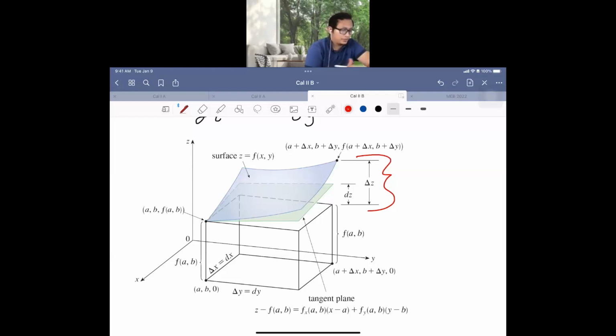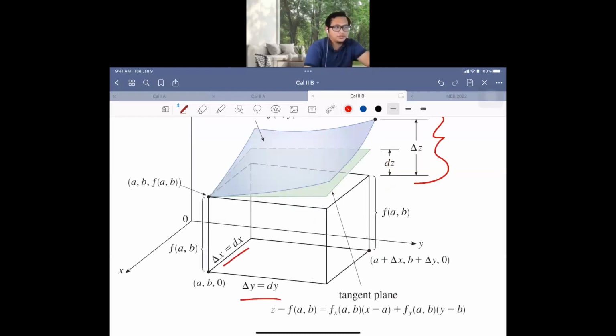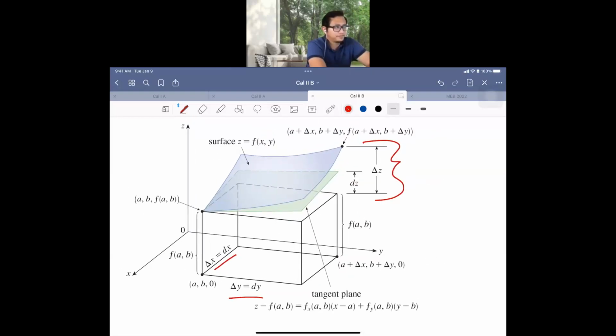If you look at it from the other side, we can make them equal, because the way that we are seeing it, the height will be different.